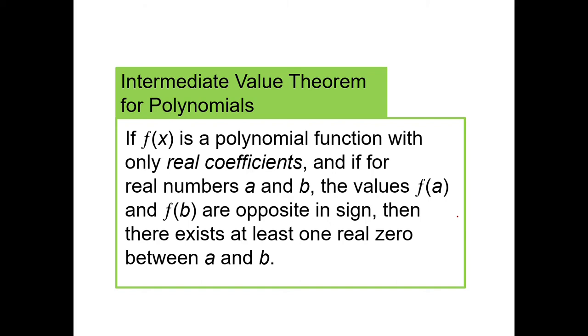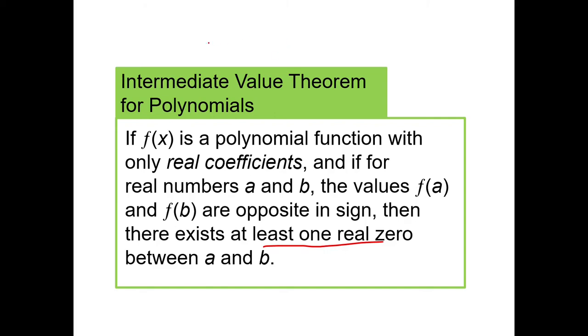The intermediate value theorem for polynomials. If f of x is a polynomial function with only real coefficients, and if for real numbers a and b the values f of a and f of b are opposite in sign, then there exists at least one real zero between a and b.